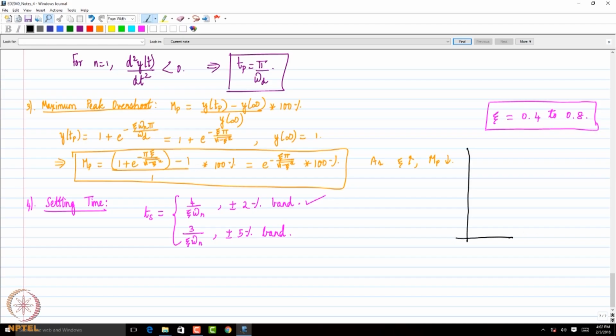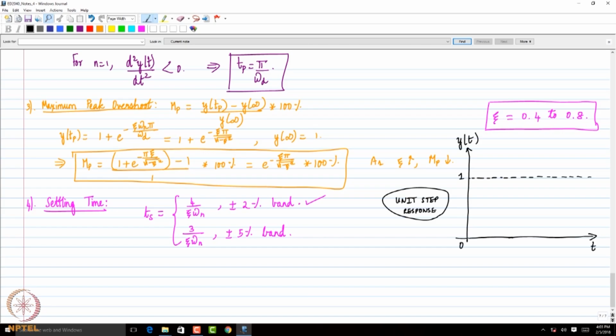So if I plot y of t versus t, we are looking at the unit step response of the three categories of systems.